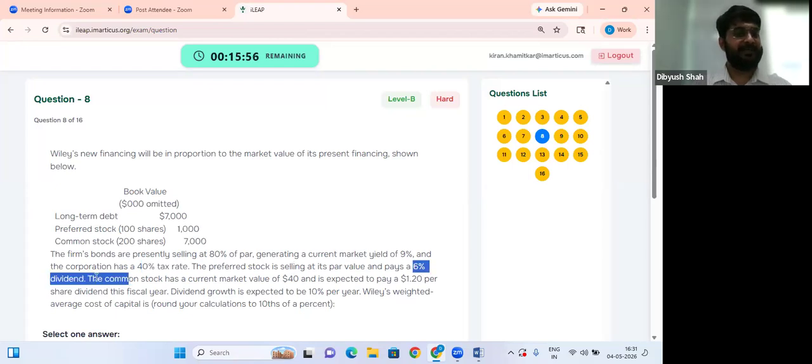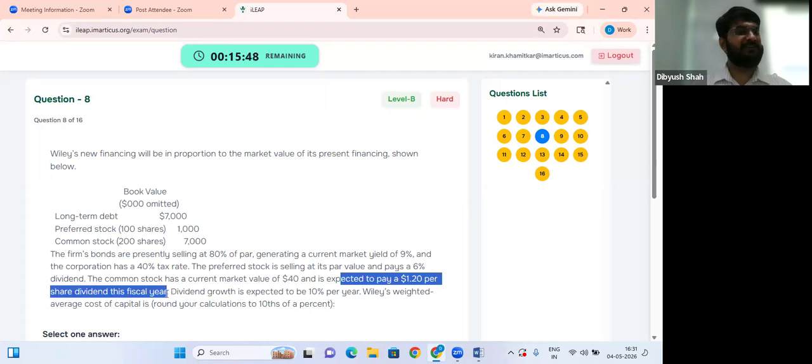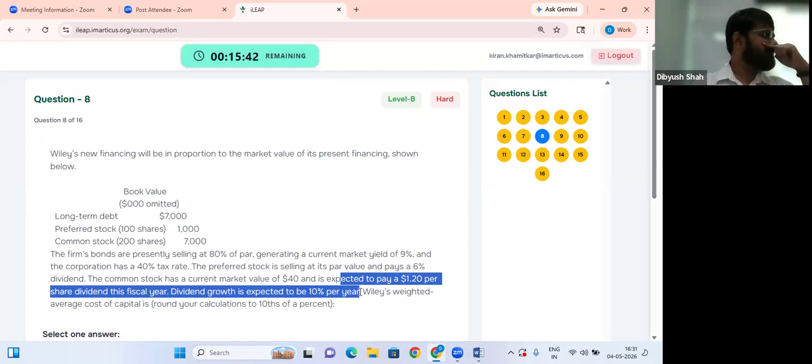KP is given directly. Common stock, they are telling market value of 40. Dividend again, see 1.2 per share, but this fiscal year. What is dividend growth? You will have to calculate KE. D1 by P0 plus g. I think I did it. What are they asking? Weighted average cost of capital. That's it.